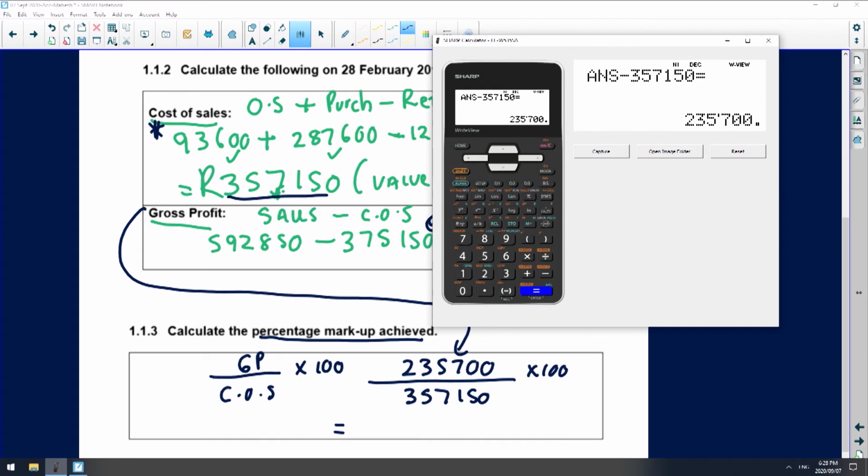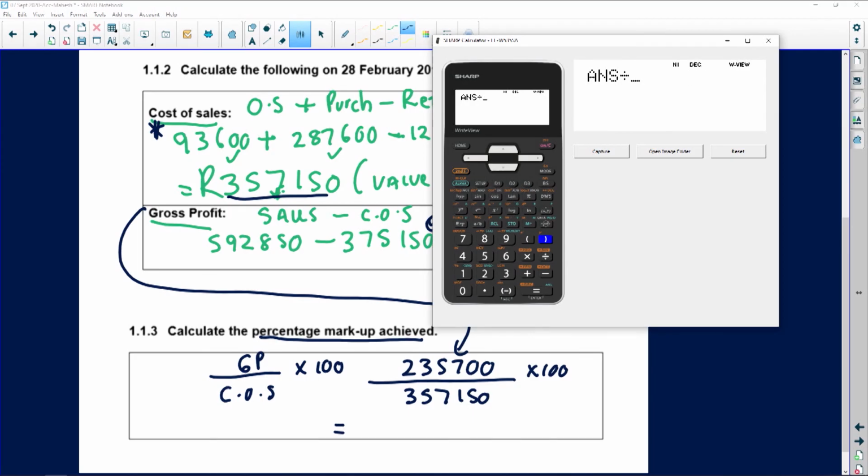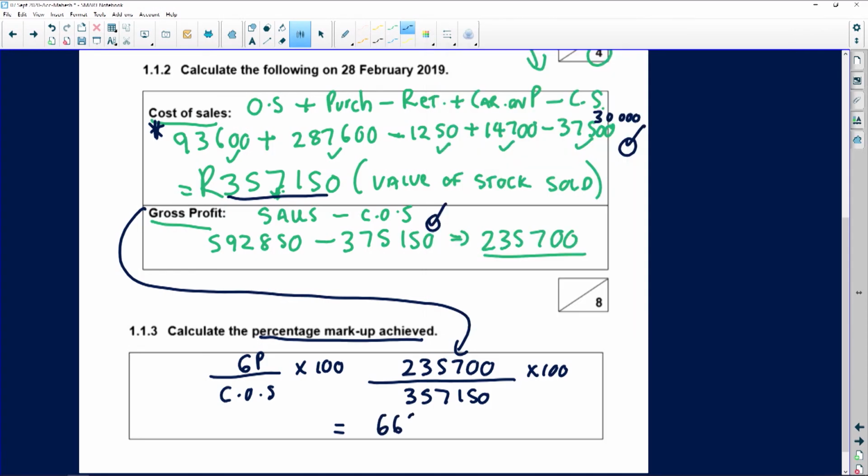So I've got my gross profit already, divided by cost of sales, 357,150, and the markup achieved should be an amount of 65 or 66% if we just round that up. Okay, so I'm just going to round it up to 66%.